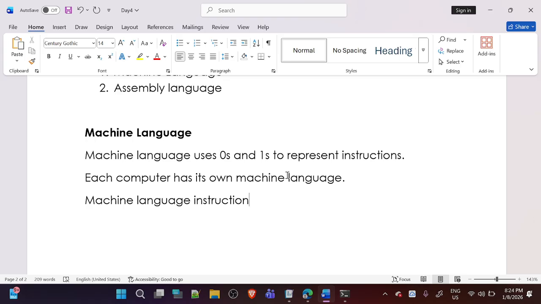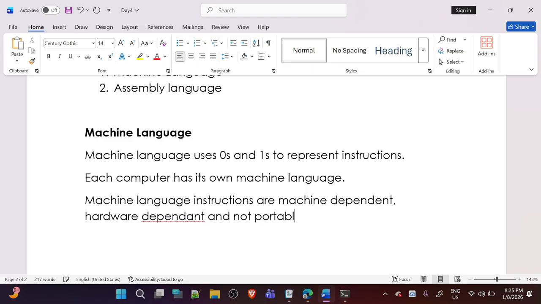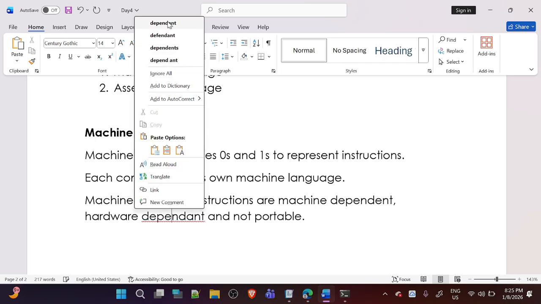Machine language instructions are machine dependent, or we can say hardware dependent, and not portable. What's the meaning of these lines?